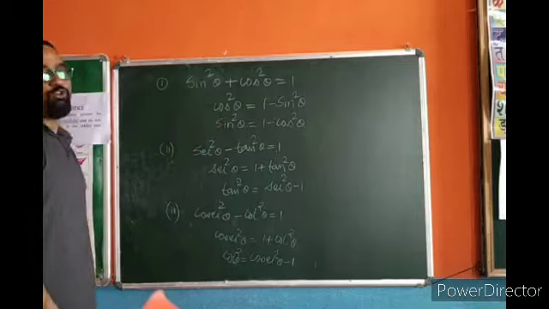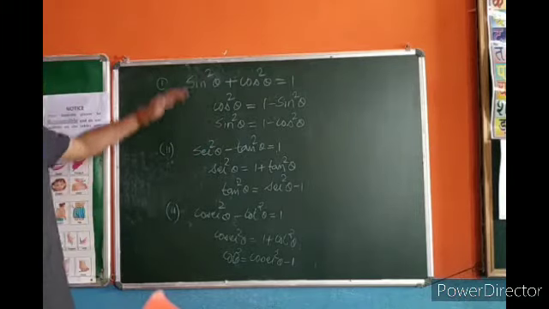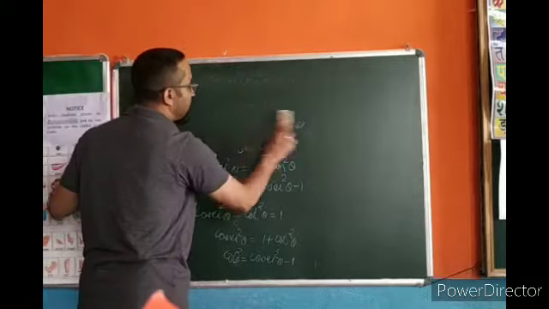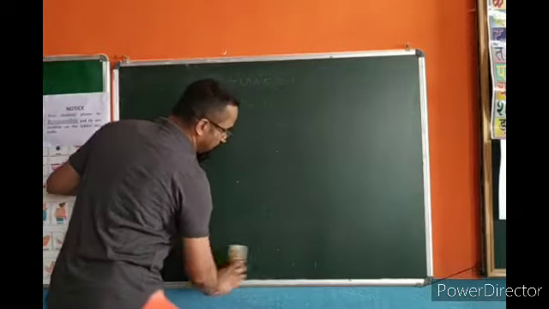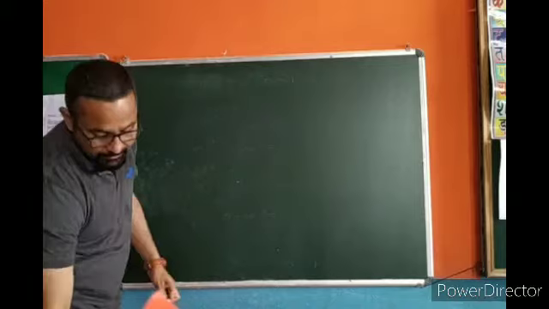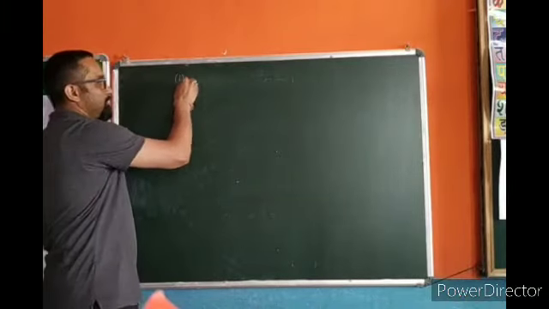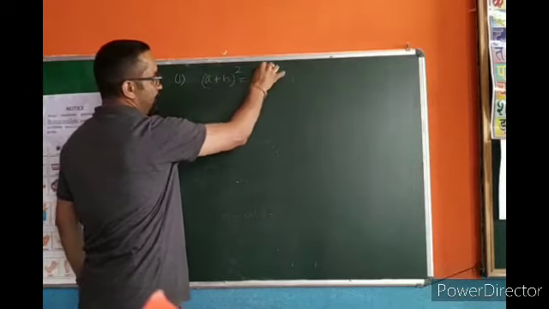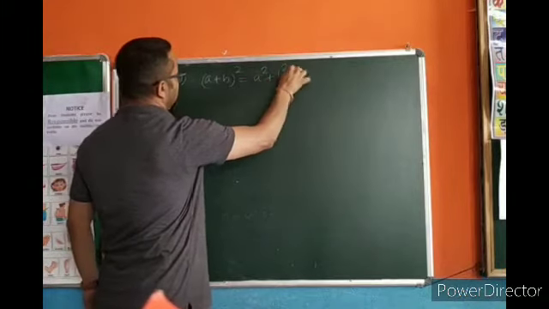Apart from these trigonometrical identities or trigonometrical formulae, you need to learn some algebraic formulae as well. The first one is a plus b whole square, a squared plus b squared plus 2ab.